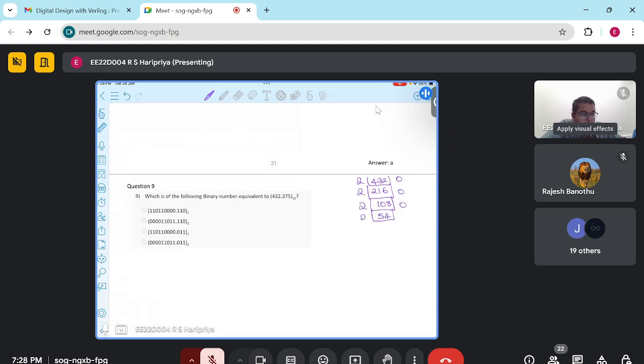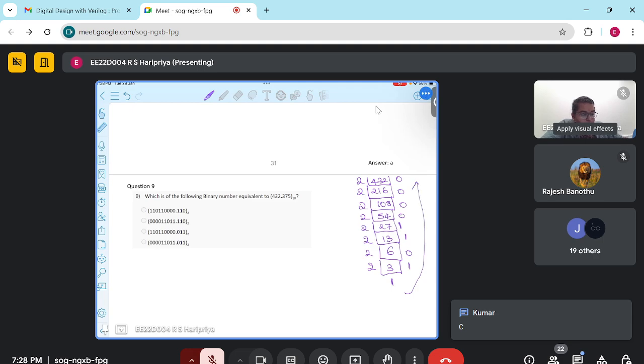Remainder 0. 2, 27. 2, 13. Remainder is 1. 2, 6. Remainder is 1. 2, 3, remainder 0. 2, 1, 1. And we have to write in this way. Yes, option C.